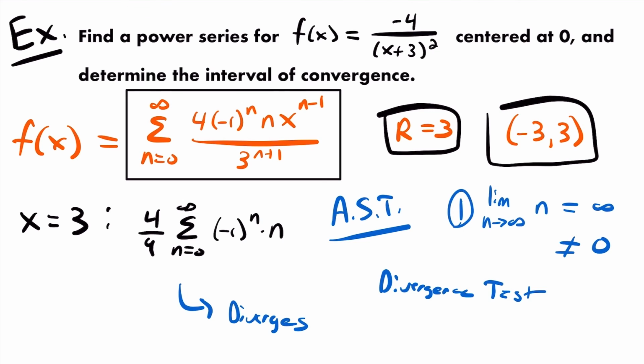Okay, so to close things out, if you see a function that you want to represent with a power series, and you can recognize that its integral is a function that's similar to the sum of a geometric series, then you want to take that integral and represent it as a power series, and then take the derivative to get the power series for your function.